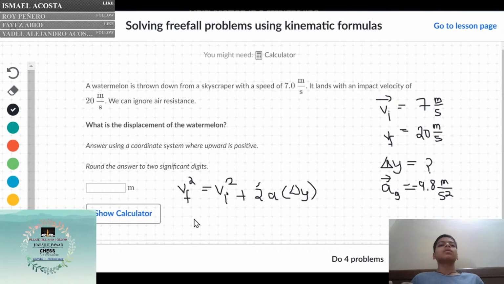We know the final velocity is 20. If we square it, it becomes 400 meters squared per second squared, which is equal to the initial velocity squared, which is just 49 meters squared per second squared.